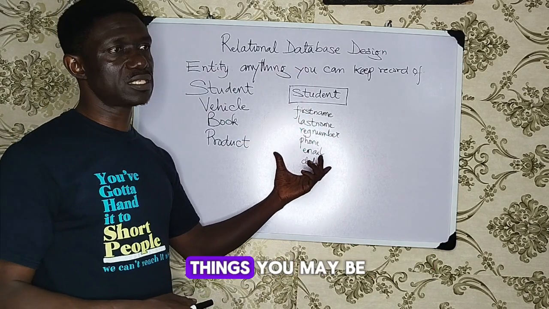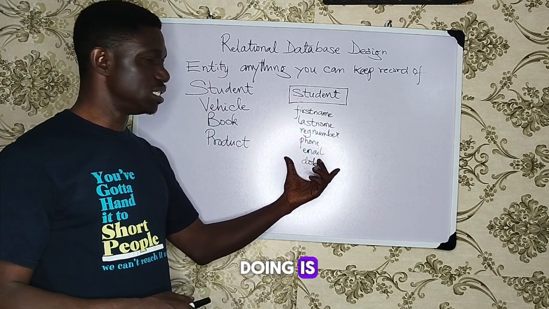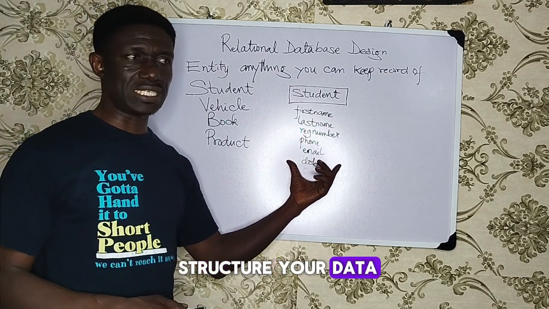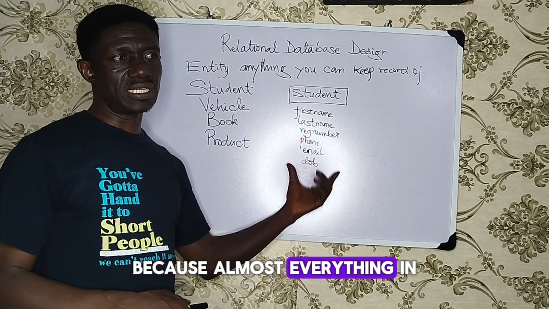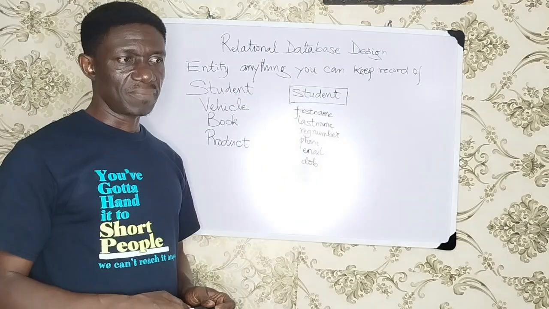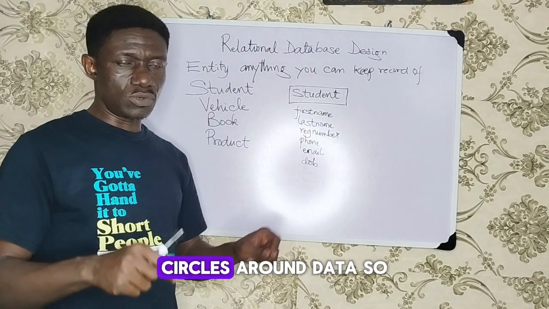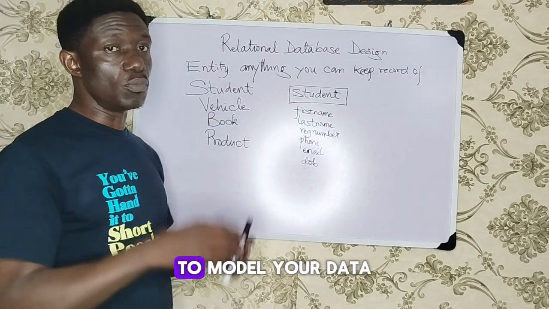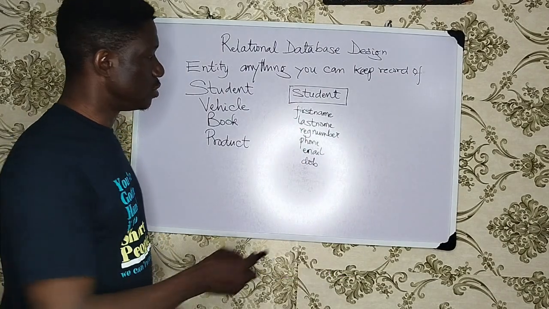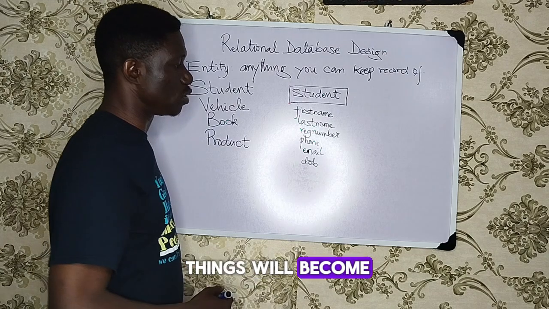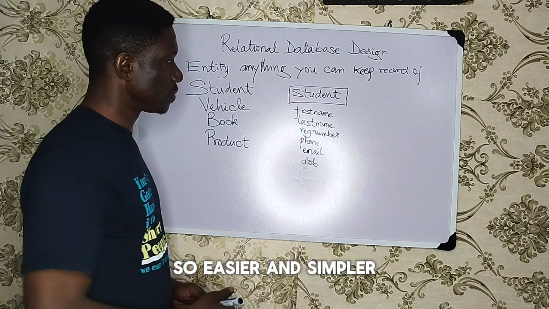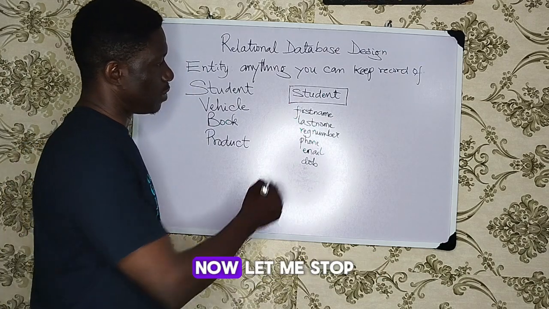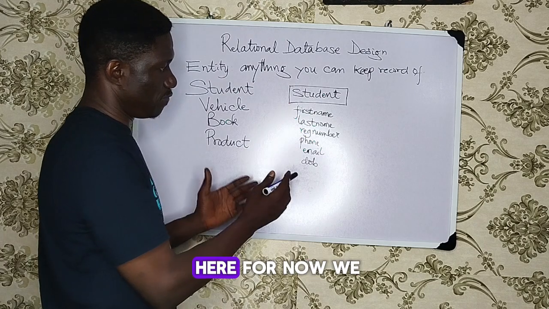Most of the things you may be doing is, first of all, to structure your data, because almost everything in IT circles around data. If you are able to model your data very well, a whole lot of things will become so much easier and simpler. Now, let me stop here for now.